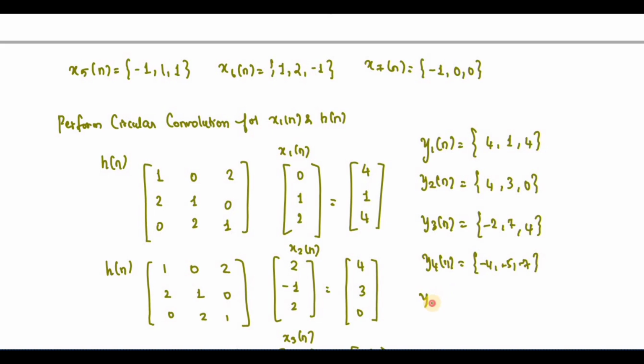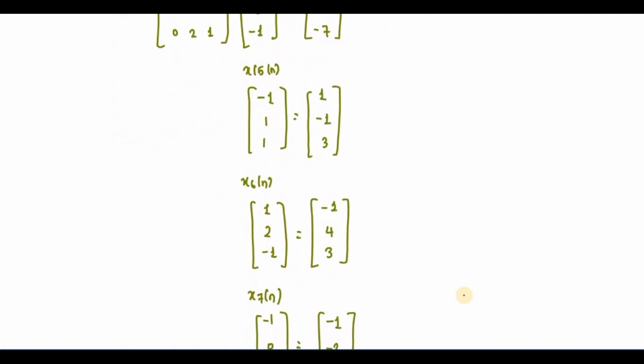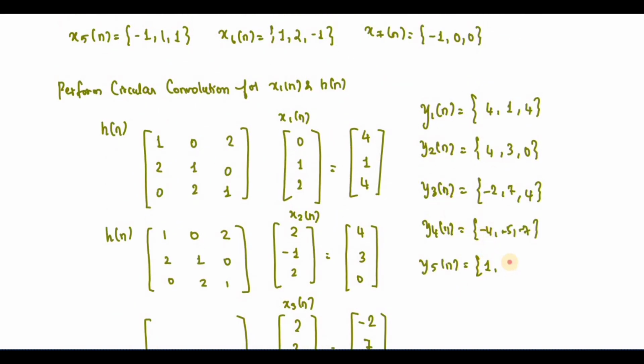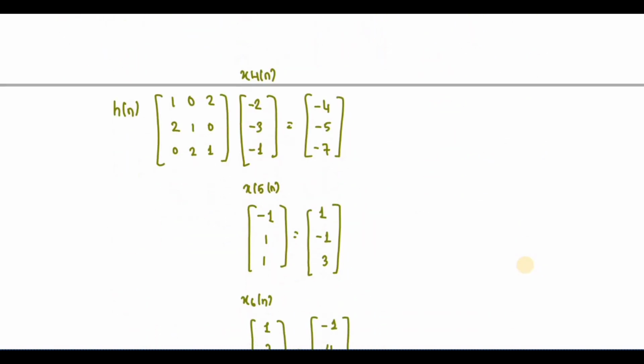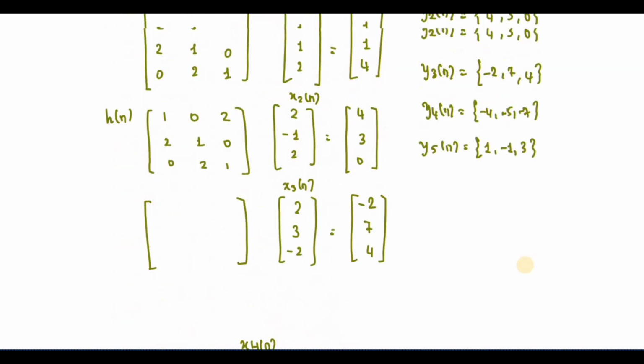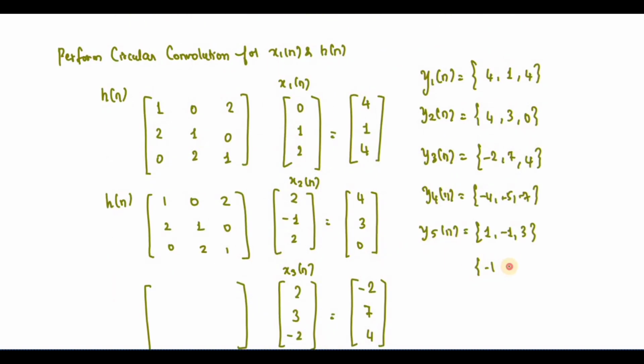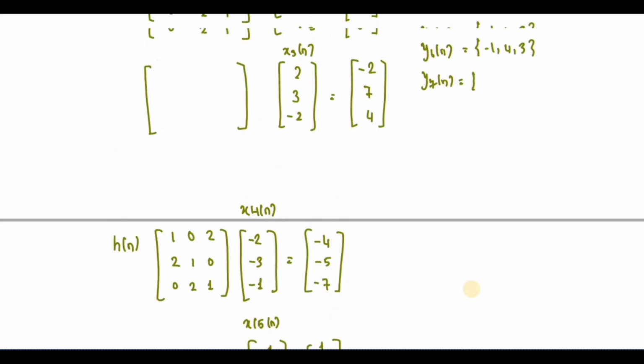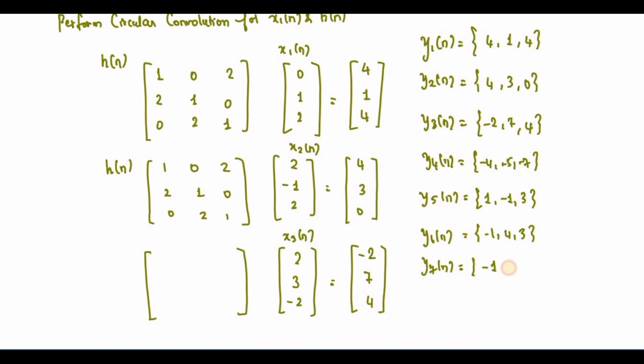Next, y5 of n is equal to 1, minus 1, 3. y6 of n is minus 1, 4, and 3. And what about y7 of n? Equal to minus 1, minus 2, and 0.